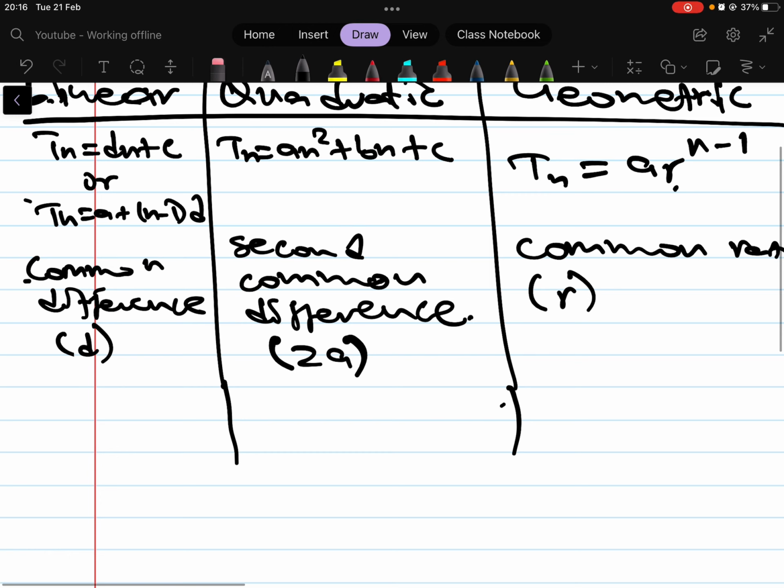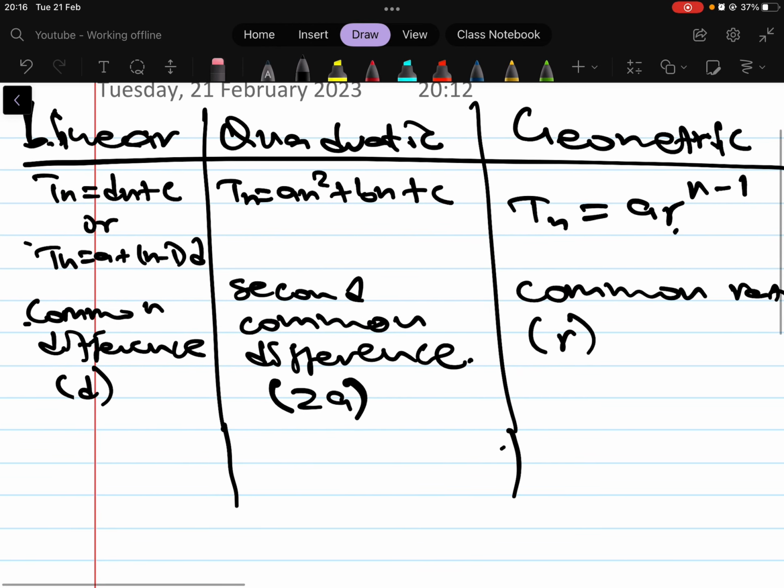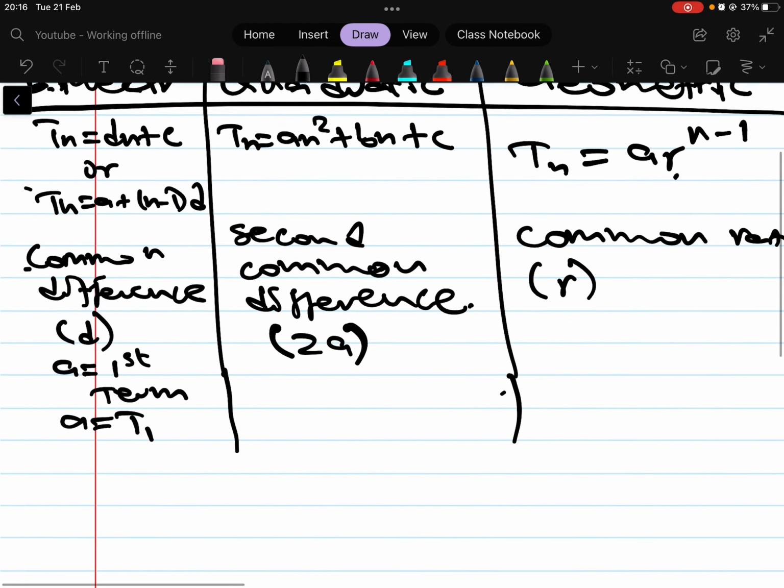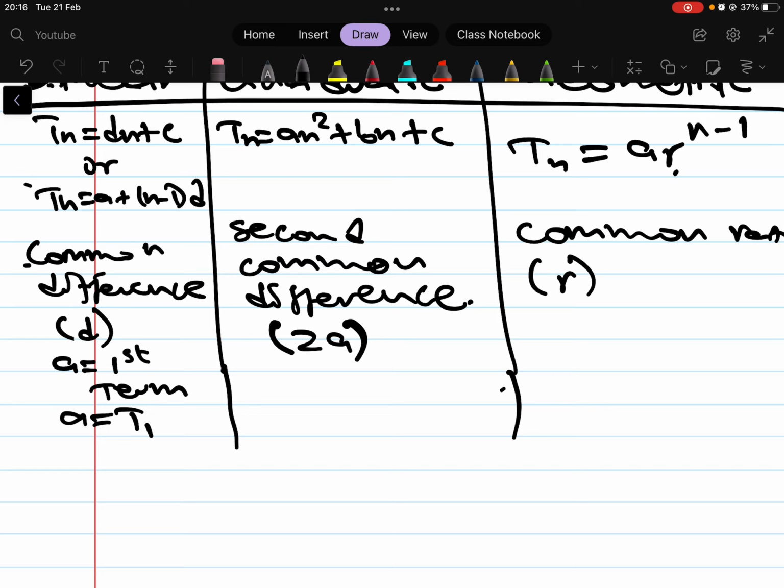And then for linear number patterns, a represents the first term. That is a equals T1, because T1 is the first term. And for quadratic number patterns, a plus b plus c represents the first term, which is term 1.